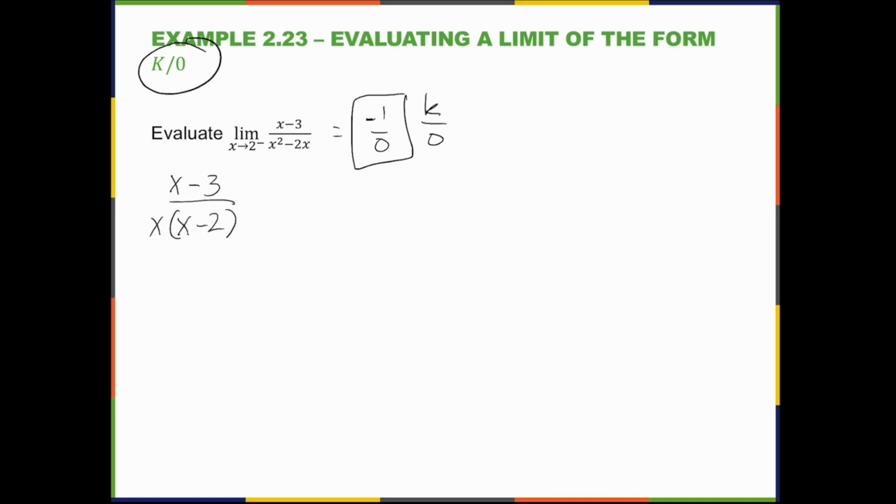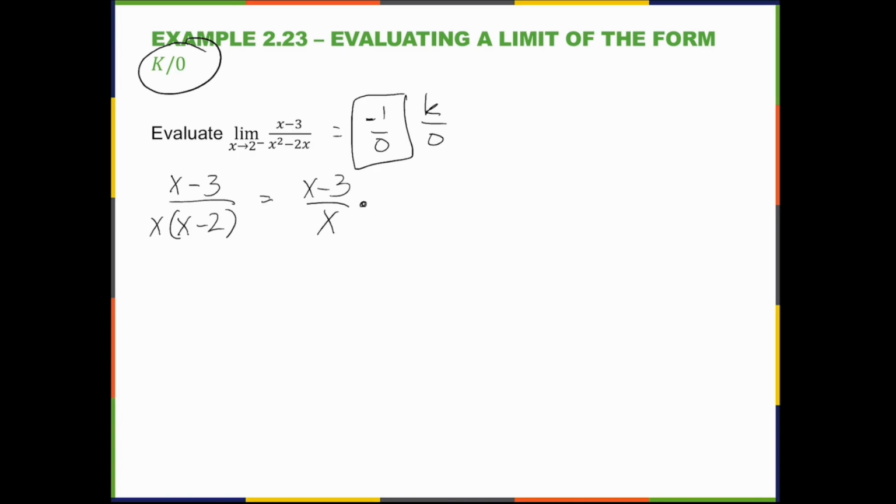So what you want to do when you have something like this is try to break it up so that you take the part of the fraction out. See if you can factor out the factor that's the problem. The problem that we have here is the x minus 2 in the denominator, because if I plug in 2 and try to use direct substitution, that is the factor that causes me to have 0 in the denominator.